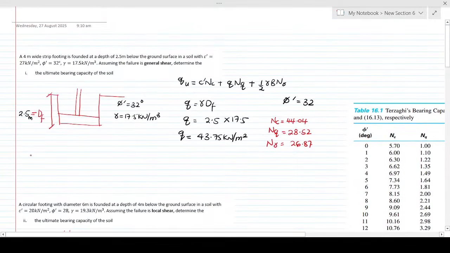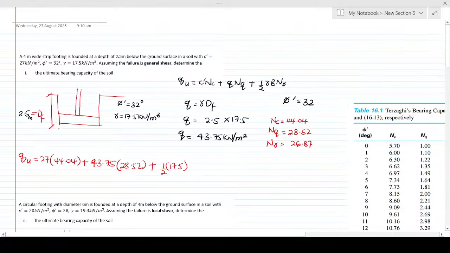So having gotten everything, I can put it in my equation. My qu will be equal to c, which was given in the question as 27, times Nc, which is 44.04, plus my q, which is the geostatic stress, 43.75, times my Nq 28.52, plus my 1/2 gamma, in this case 17.5.